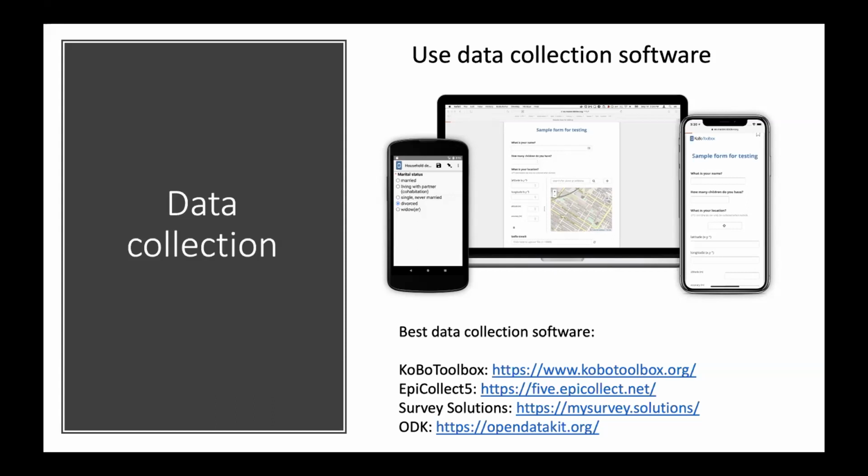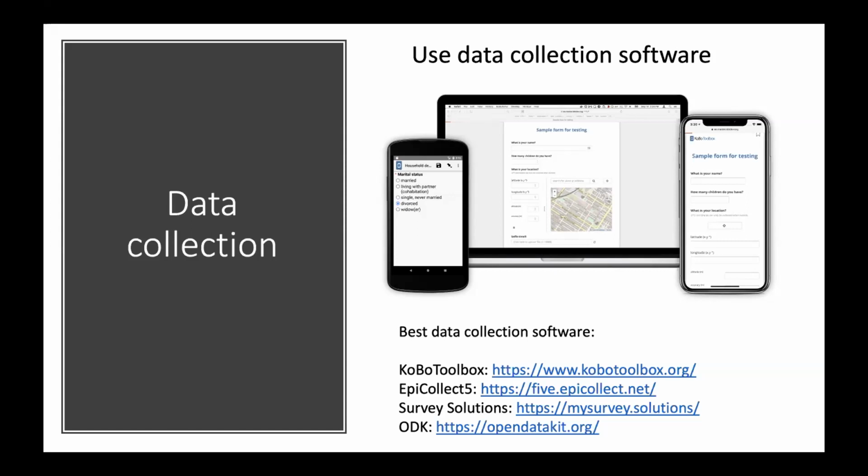Epi5 Collect is really easy to use. You can learn it quickly, and it's widely used in the health field. Kobo Toolbox has really come on strong in the last couple of years. They're now offering nonprofits free access, with some limited data storage, but still it's a lot.